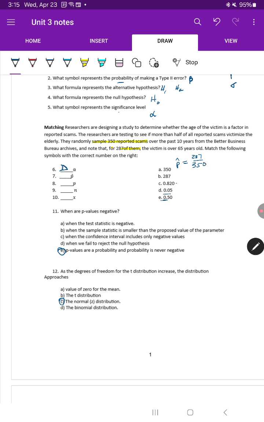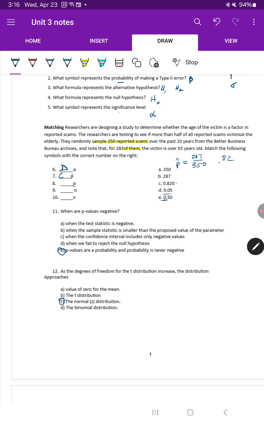So 287 divided by 350 is 0.82. So our p hat is 0.82. If it's just 0.82, you can leave it. If it goes off into lots of decimals and you're having to round, it's almost better to use the fraction as p hat.